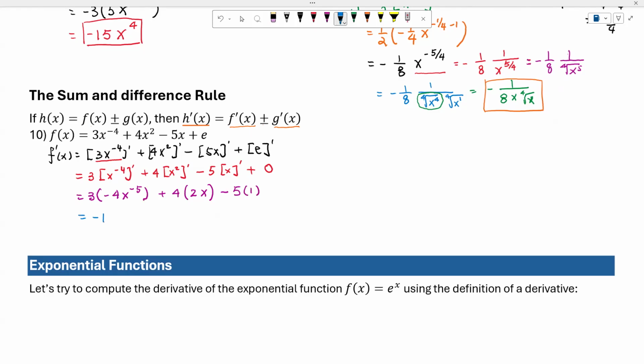So I will have negative 12 x to the power of negative 5 plus 8x minus 5. This is my answer here.